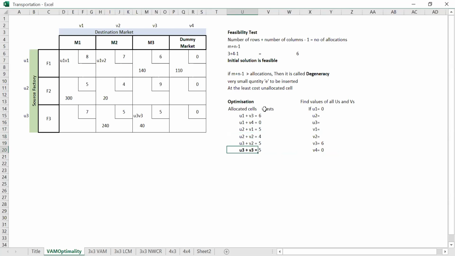There is only one more V3. So U3 plus V3 is equal to 5. So we know V3 is 6. So minus 1 plus 6 will be 5. So U3 is going to be minus 1.